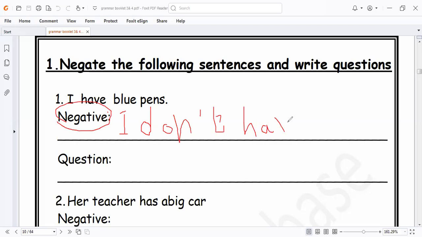Yes, it stays, because with I, "have" is the stem and can't change. It is like "does he play": the verb is already the stem, but the verb changes in the singular form, not in the plural form or with I. Like this: I don't have blue pens.